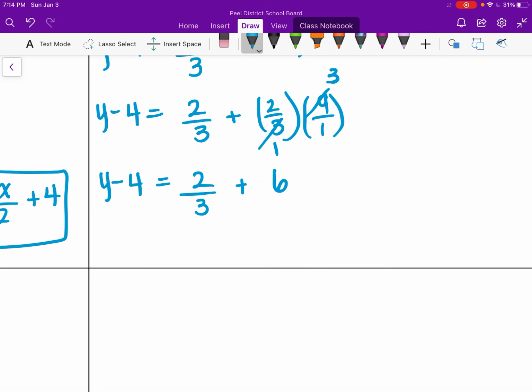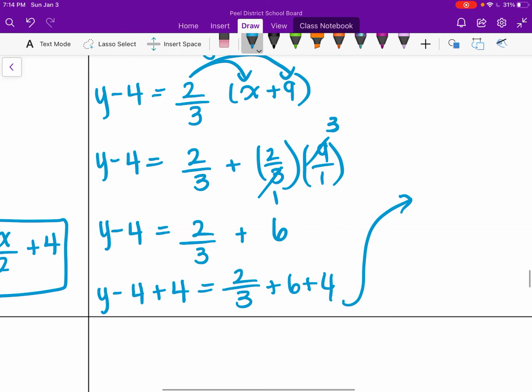And then I want to get rid of the minus 4 on that side, so it becomes positive 4, and that becomes y equals 2 over 3 x plus 10. And that's my answer.